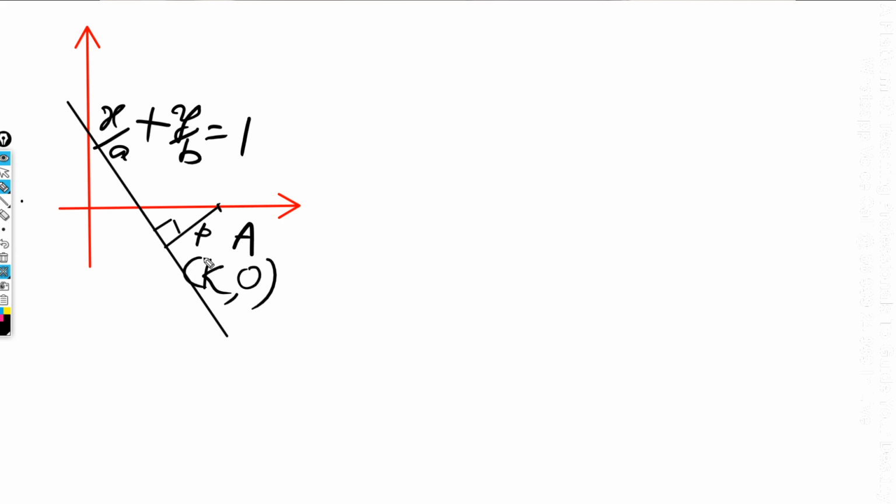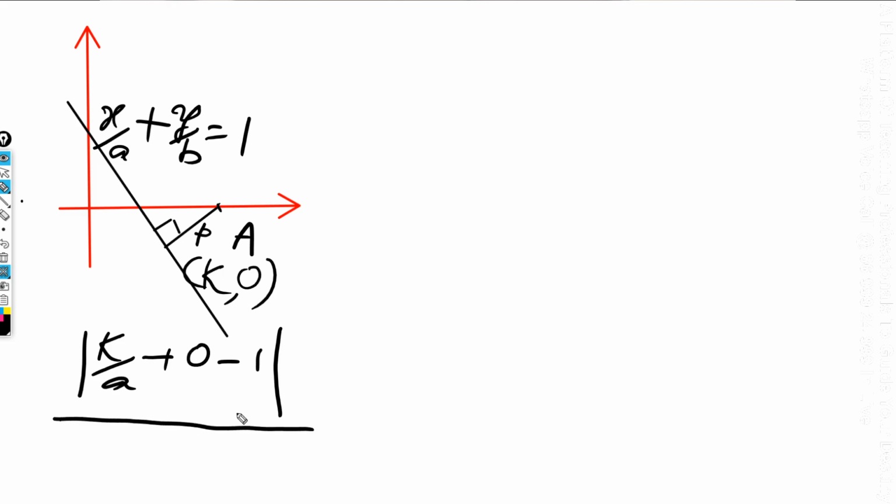Now, find out the perpendicular distance from K0 to this line. It is modulus of K by A plus 0 by B minus 1 divided by root over 1 by A square plus 1 by B square. Is given to be what? P, please.